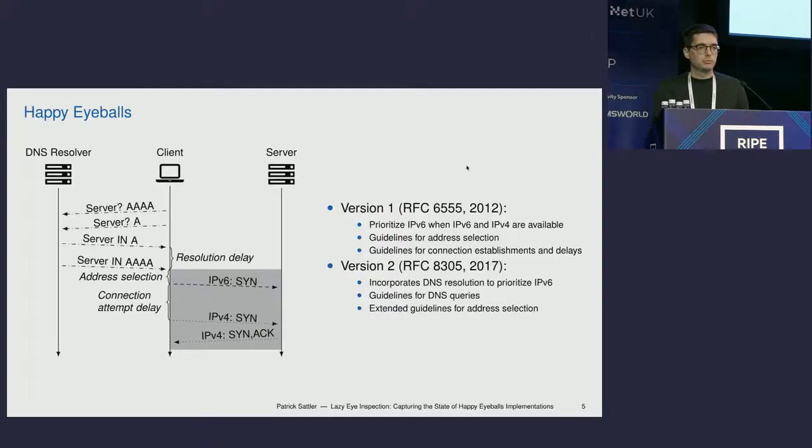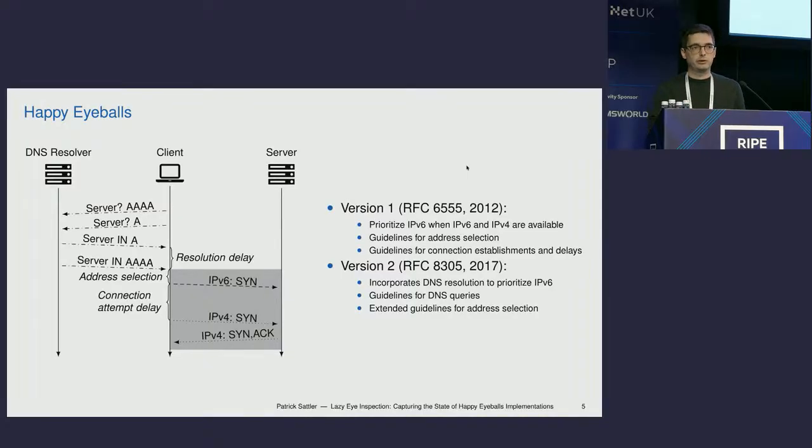In version 2, the IETF added additional logic to also handle the DNS resolution. Version 1 expected that IPv6 and IPv4 addresses were already available. To get these, we need to resolve them, and they defined that both AAAA and A records should be resolved.